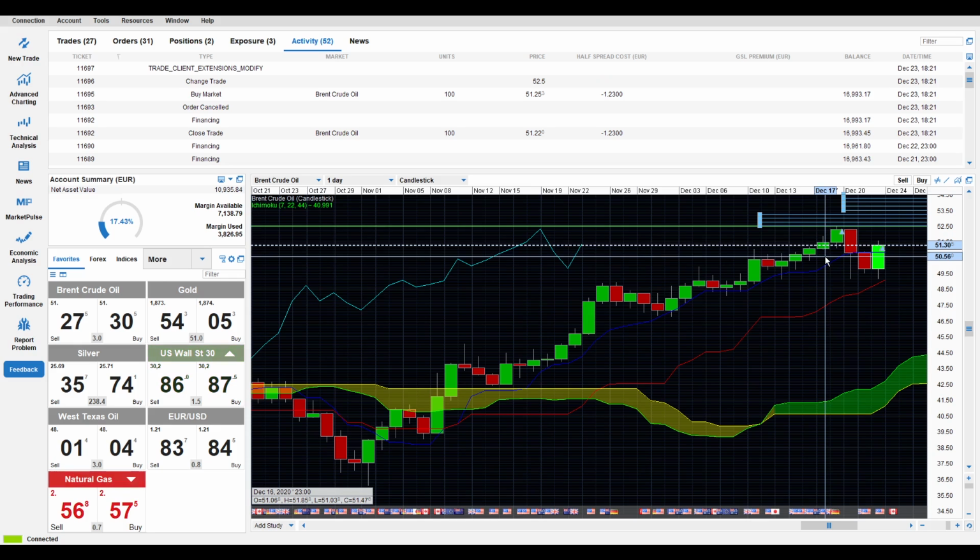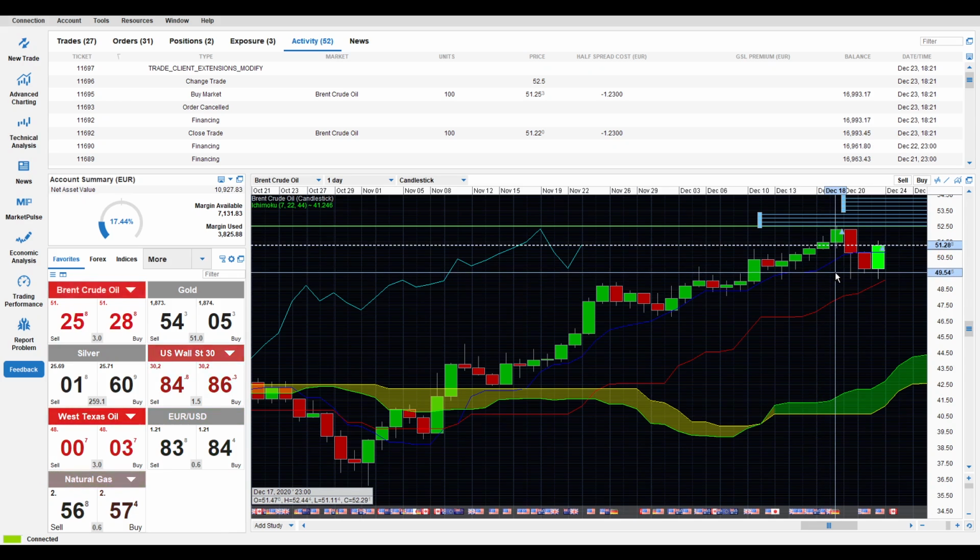If the price moves again by 25 pips, the price will be at 50.75. And if the price moves another 25 points, the price will be at 51. So as you can see, each dollar of price movement corresponds to a 100 pip movement. So a quarter of this 100 pip move is 25 pips.